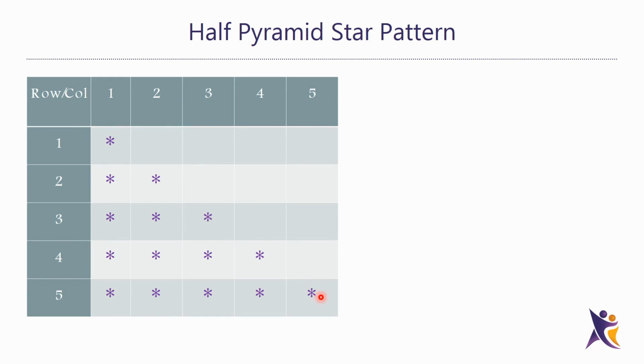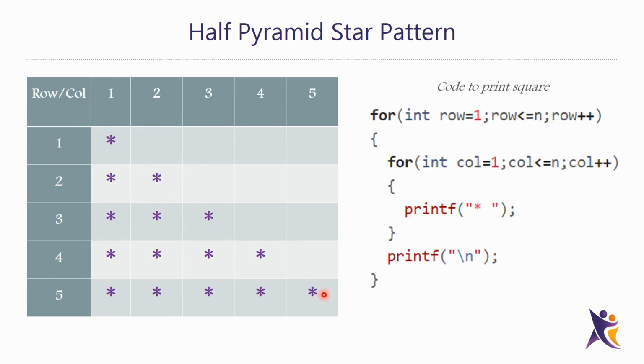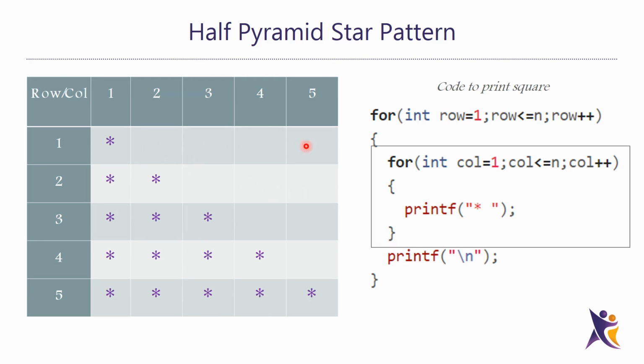If you look at the code to print the square, right? This outer loop is mainly used to print all the rows, but the inner loop is the one that actually controls how many stars that you should print in a given row. So this is controlling the number of stars in a given row.